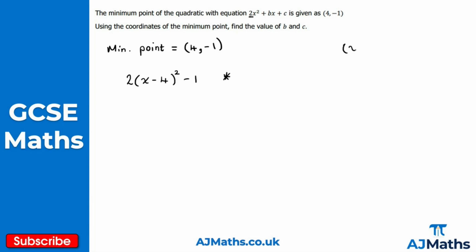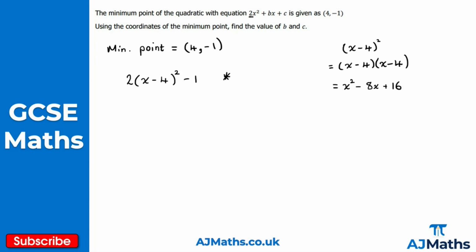So x minus 4 squared, that's the same as x minus 4 times x minus 4. So expanding using any method that you're familiar with, I'm going to get x squared, I'm going to get minus 4x and then another minus 4x. So in total there we've got minus 8x. And then finally minus 4 times minus 4 would give me positive 16. So we get positive 16 there.